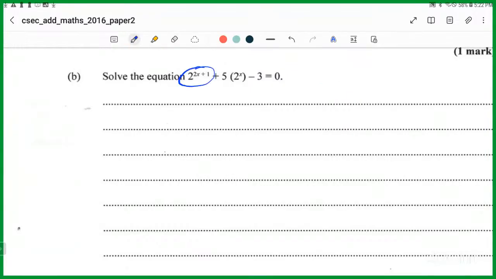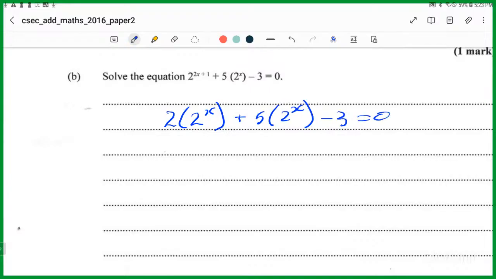We have to recognize this as 2 to the x times 2 to the 1, so we're going to write it as 2 times 2 to the x. This becomes 2 times 2 to the 2x plus 5 times 2 to the x minus 3 equals 0. That's like a quadratic equation.